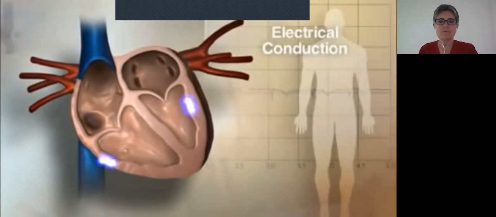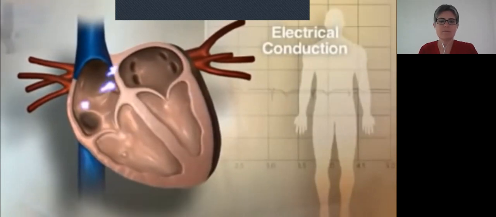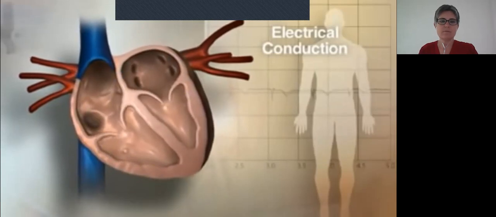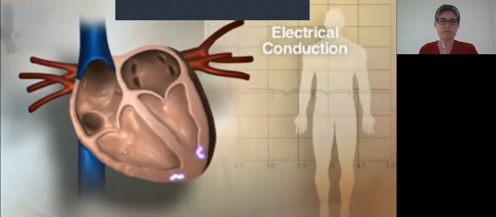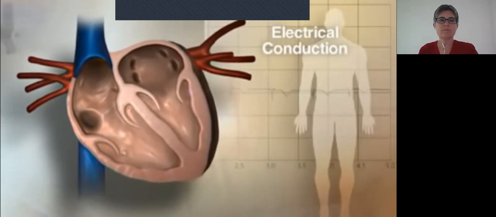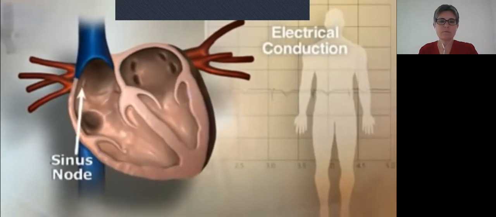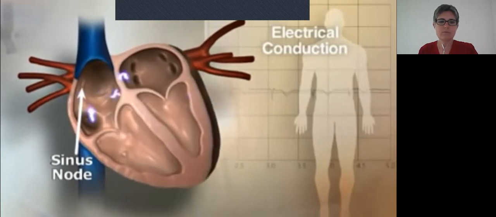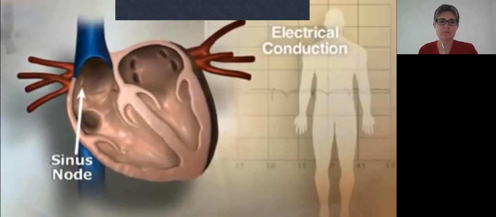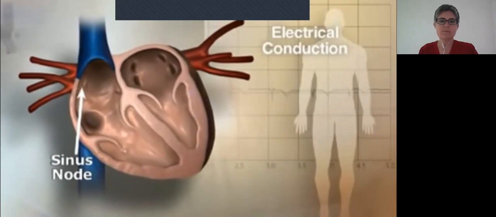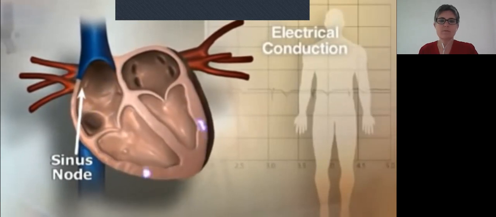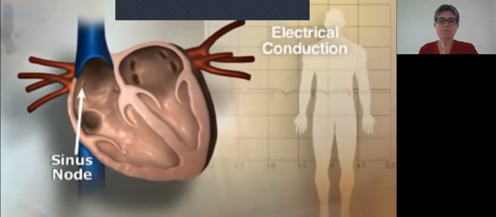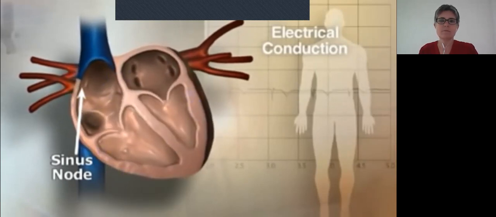The contraction of the heart muscle is driven by organized electrical impulses, much like a spark plug drives an engine. The normal heartbeat originates in a pacemaker-like structure in the right atrium, called the sinus node, and it spreads evenly and uniformly through both the right and left atrium, causing them to contract. The upper chambers, atria, and the lower chambers, ventricles, are electrically insulated from each other where the valves separate the upper and lower chambers.